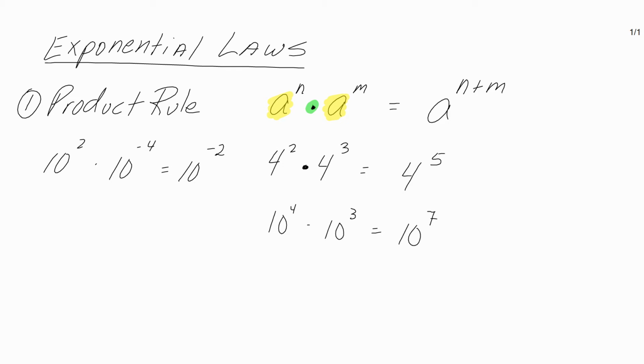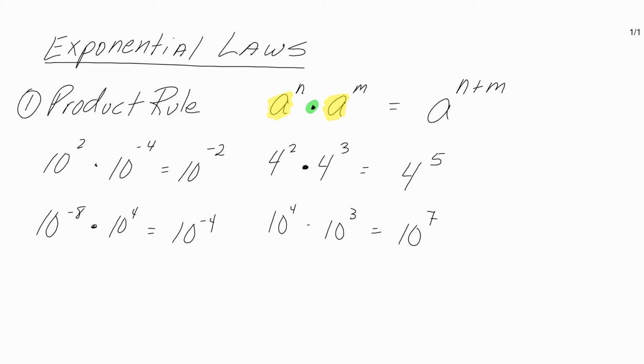Negative 2. 10 to the negative 8 times 10 to the 4th is equal to what? 10 to the negative 4th. So all of those are examples of the product rule.